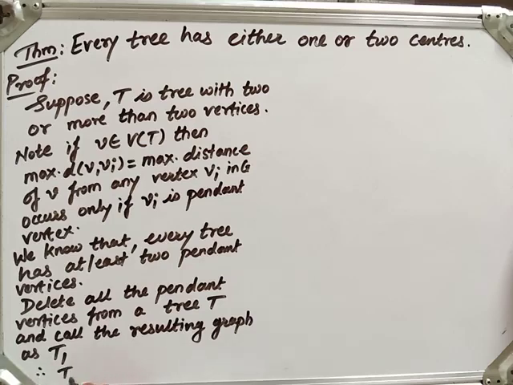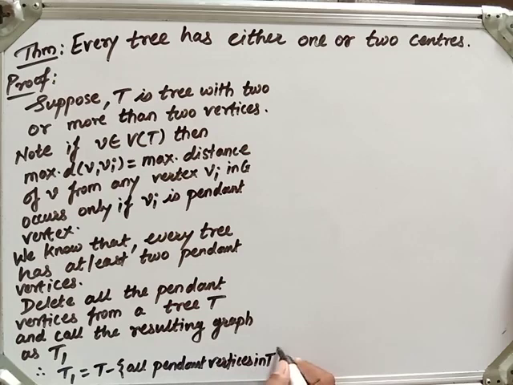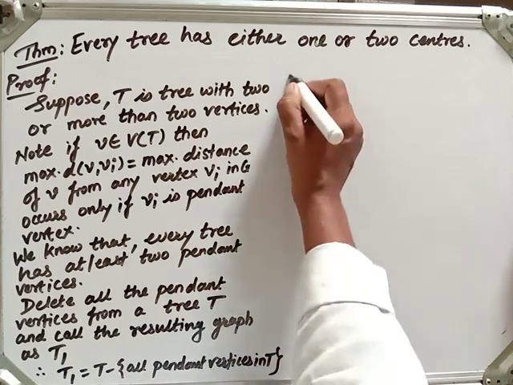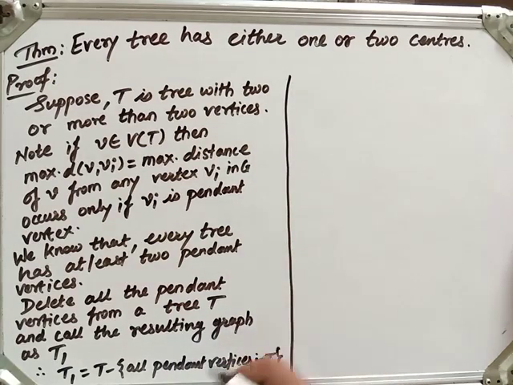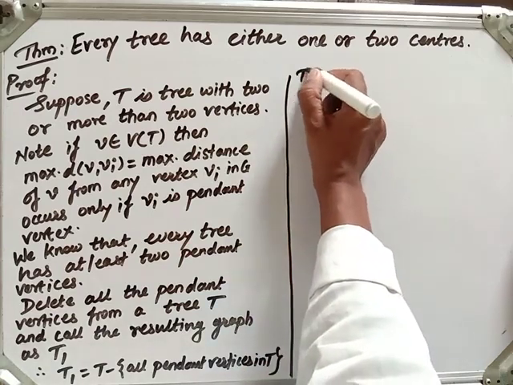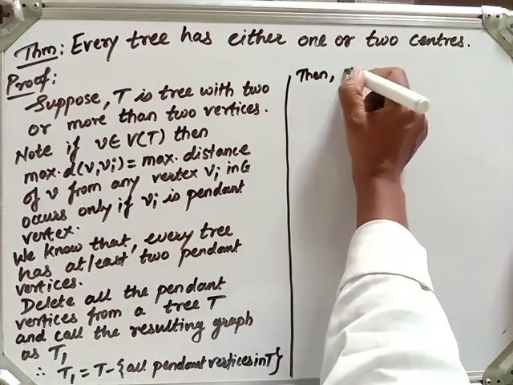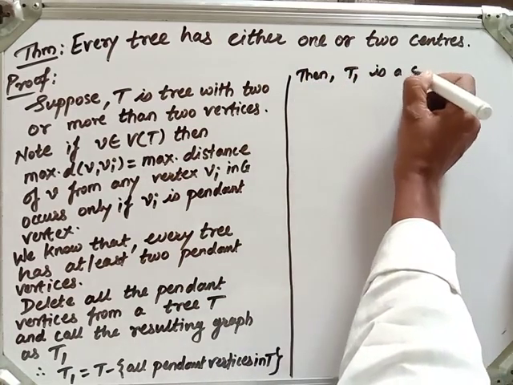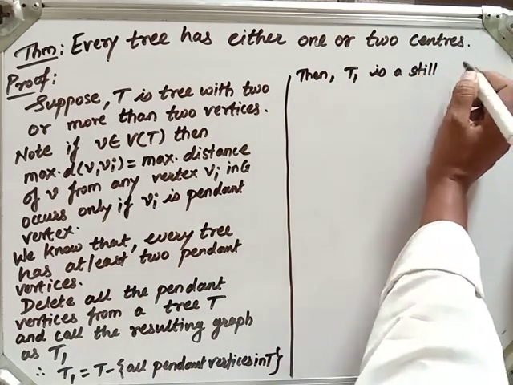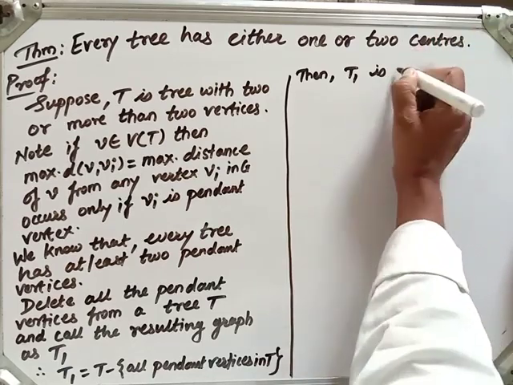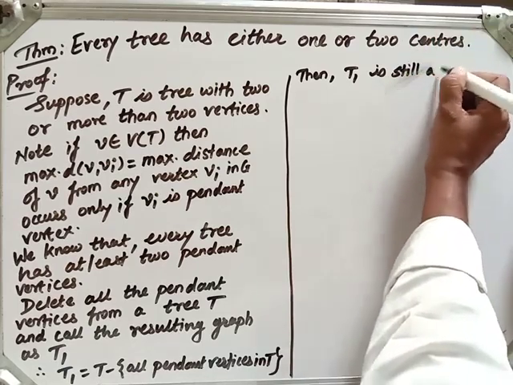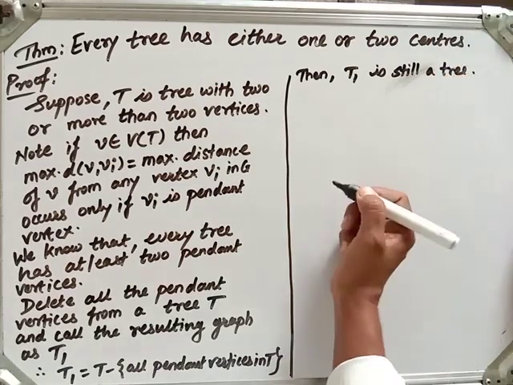Therefore, T1 is T minus all pendant vertices in T, right? T1 is still a tree. Grammatically, this is correct, right? T1 is still a tree.